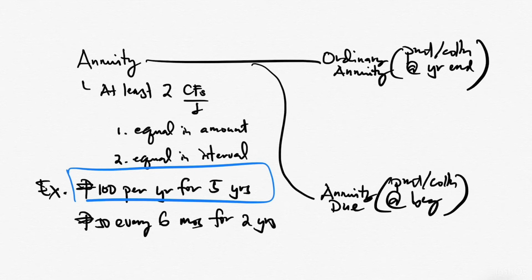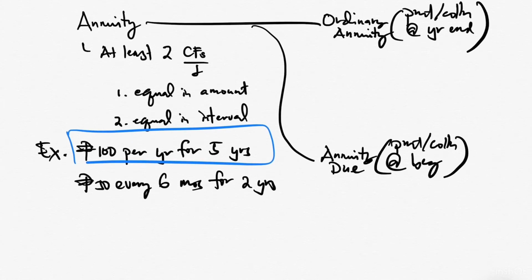And to illustrate, let's try to use this example. 100 peso per year for 5 years. So I'll be writing the timeline. So if the setup is ordinary annuity, the payment or collection will happen at the end. So you will not be getting or paying something at time 0. It will happen at time 1.